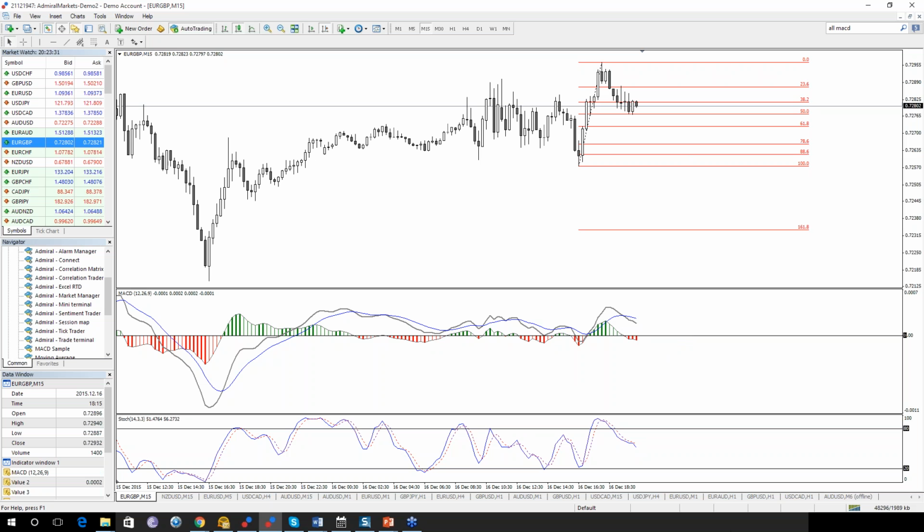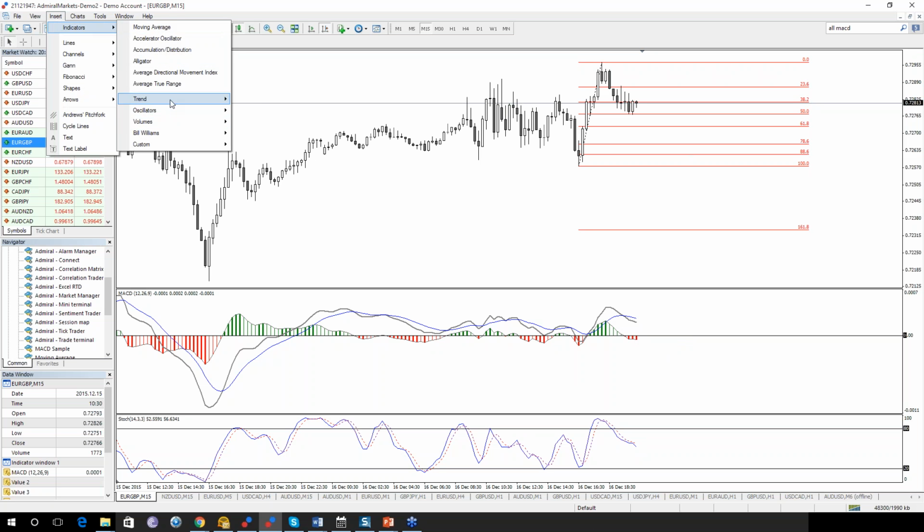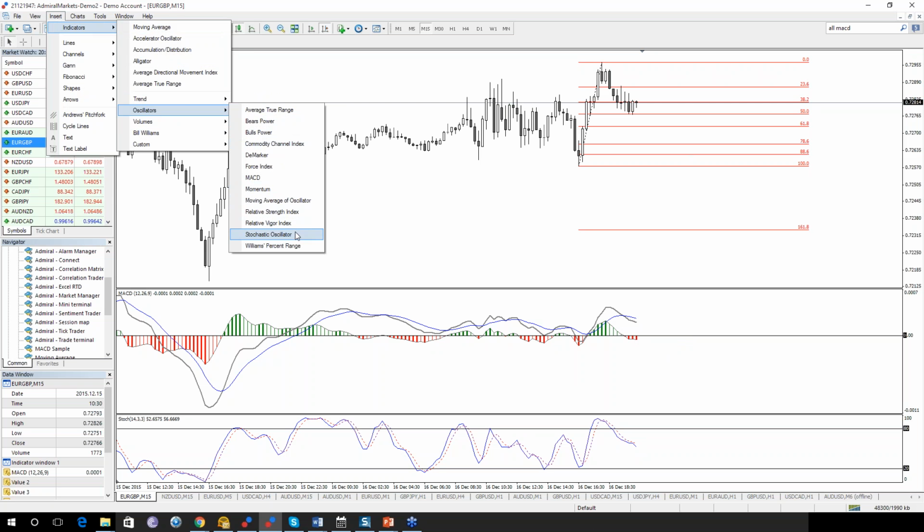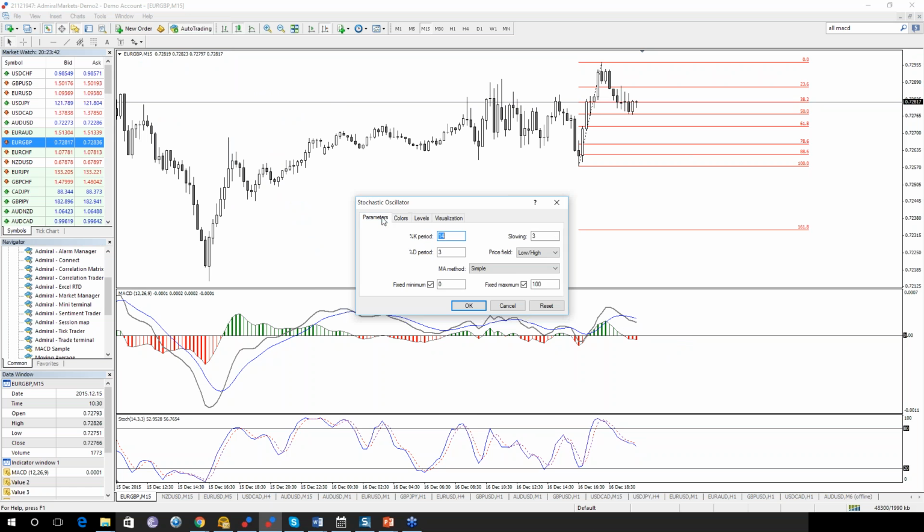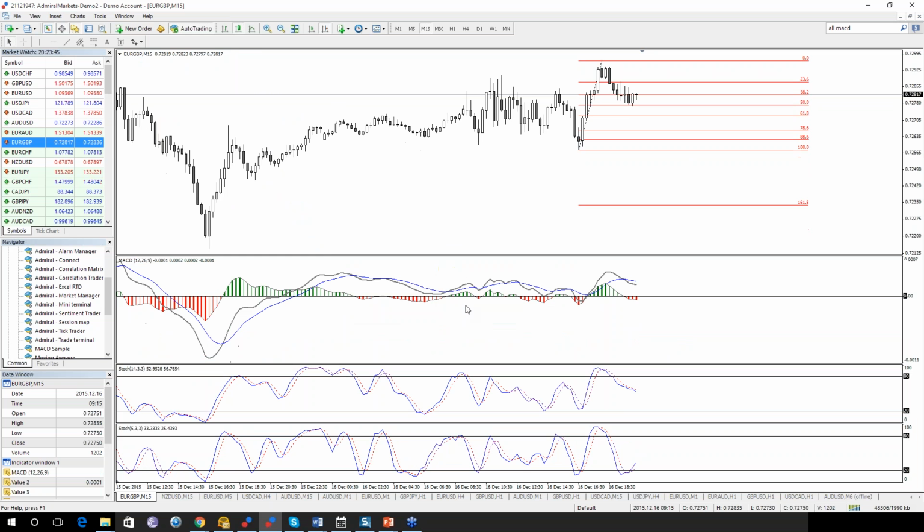Now for this concept, we can also experiment with different stochastic settings. We can experiment with 5, 3, 3 and 8, 3, 3 to see the actual efficiency. You see here, 5, 3, 3 showed us a confluence with the 50% retracement.